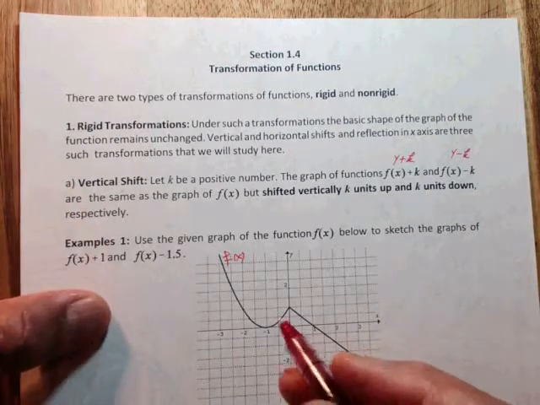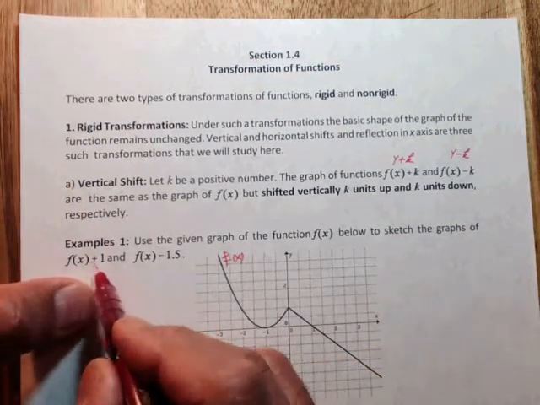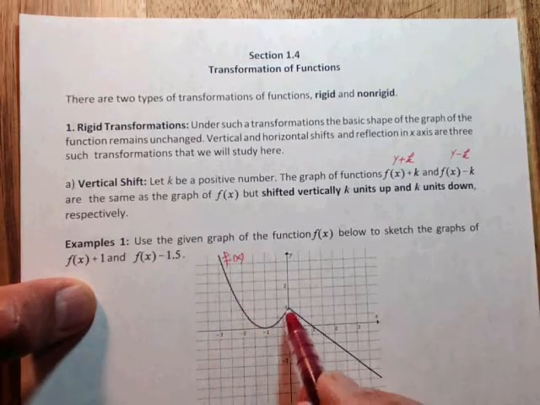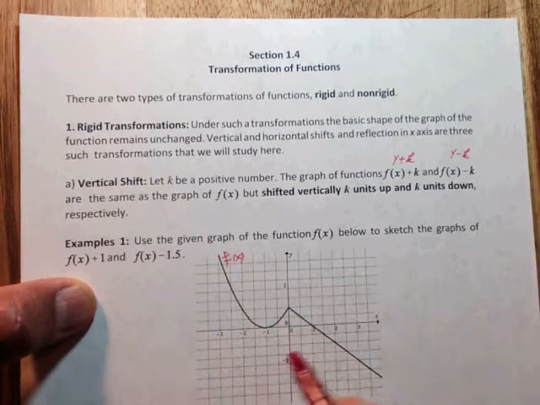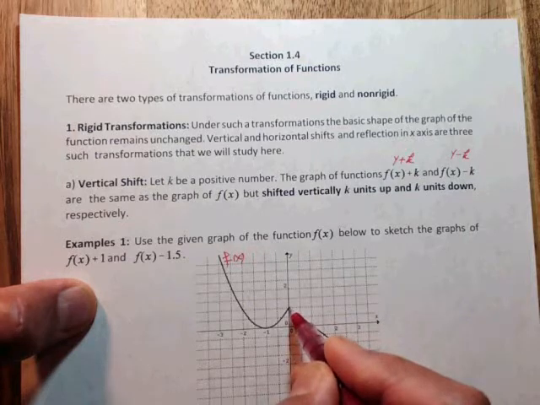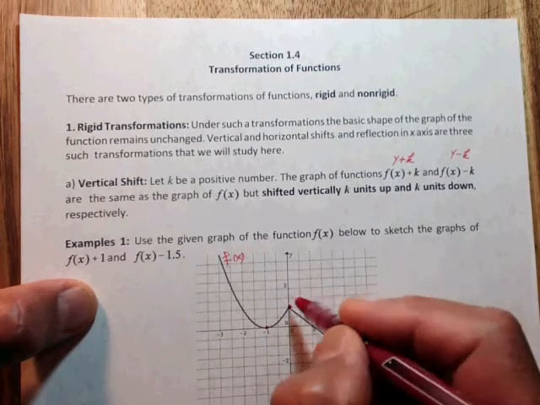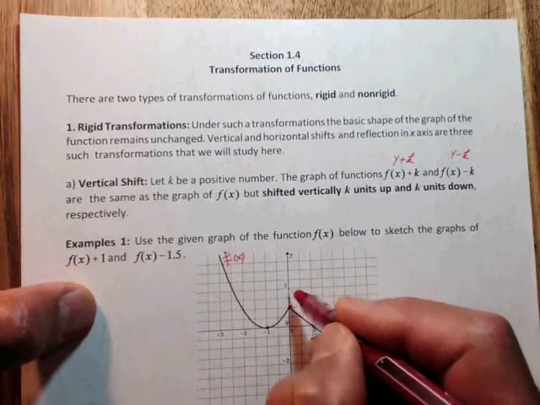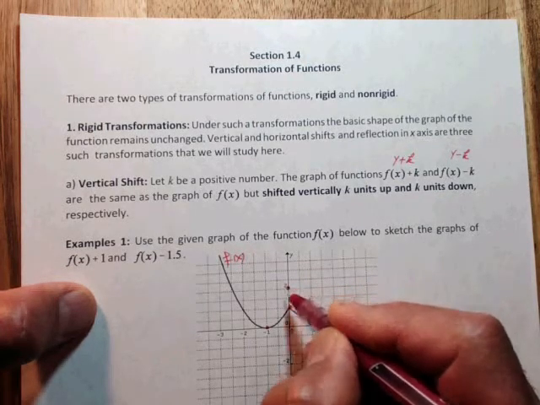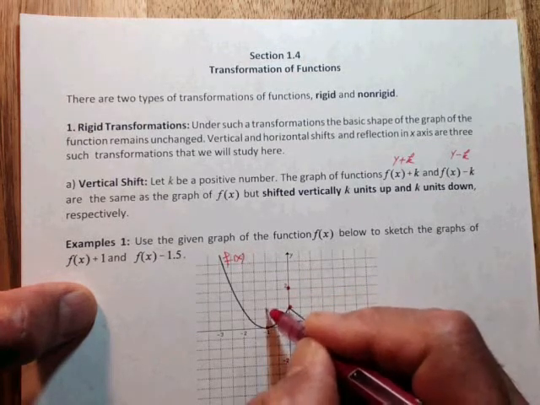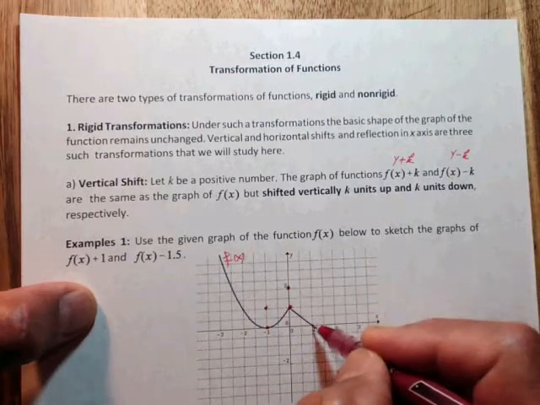Okay. So if I want to get the graph of f of x plus 1, I have to get this graph and move it up. So what you need to do is get those important points, like these points here, and move those up by 1 unit. So this point goes here, this point goes here, and this point goes here.